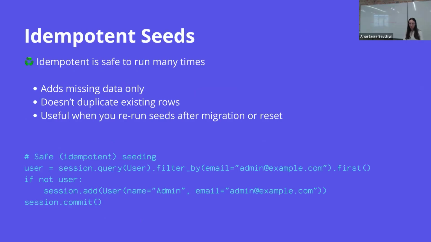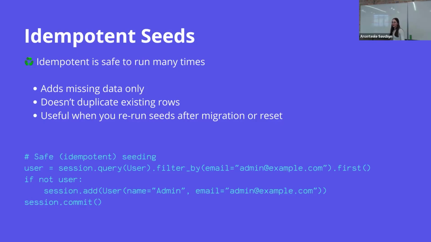Also about seeding, an important thing is to have idempotent seeds. Idempotent means safe to run multiple times. If you have a seed script, for example, your default seed script creates an admin in your system so that when someone starts your project on their local machine, this person can quickly create an admin. But you don't want a lot of admins.